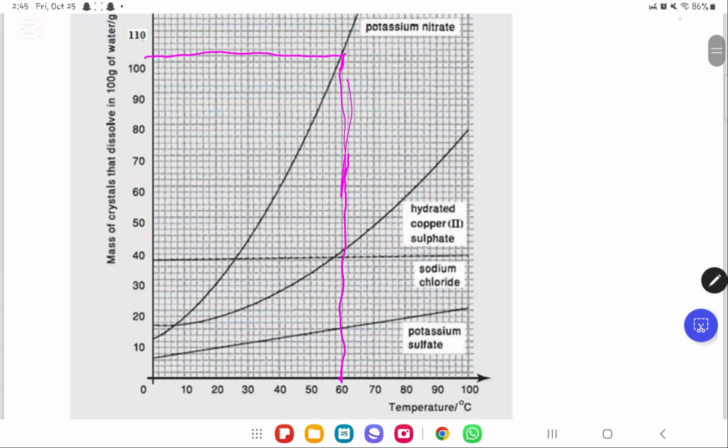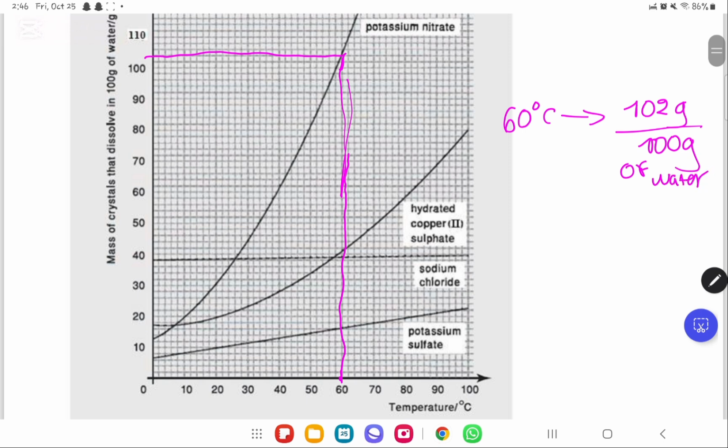Okay, actually it's not 105, it is, I'll say 102. This is an estimation from my side. I'm not sure what the actual mass is. So at 60 degrees Celsius, the mass was 102 grams per 100 grams of water.